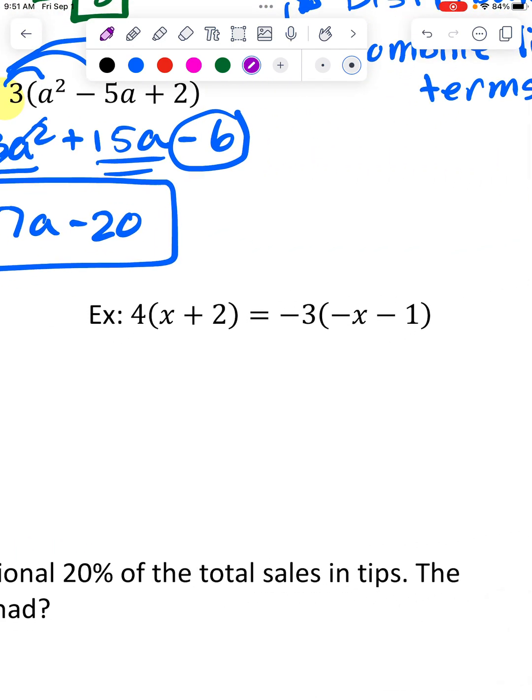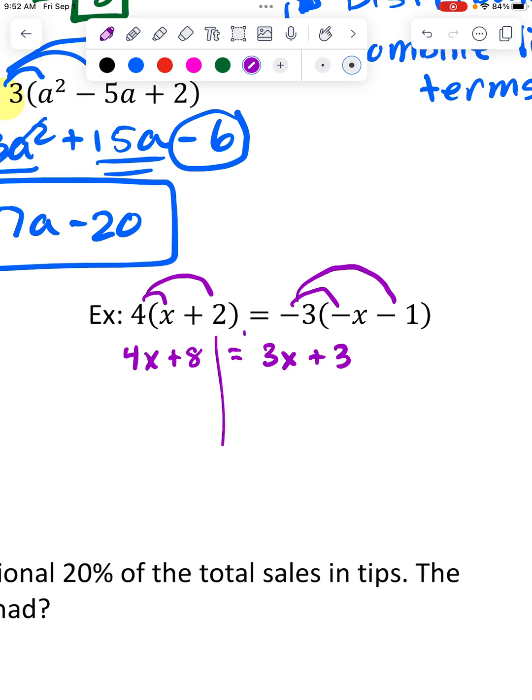Here I see parentheses with things out front, so I'll distribute, keeping in mind that this one's going to be tricky because it's a negative. So I get 4x plus 8. And here, the negatives cancel, so I get positive 3x plus 3, because negative times negative turns positive in both cases. So if you kind of throw down your railroad tracks and think back to when you first learned this, I like to get the x's together wherever I won't get a negative.